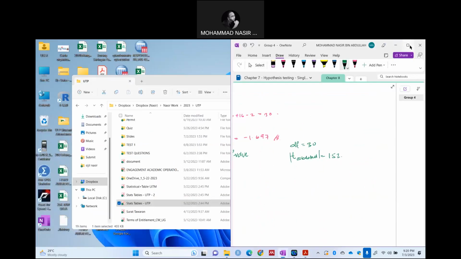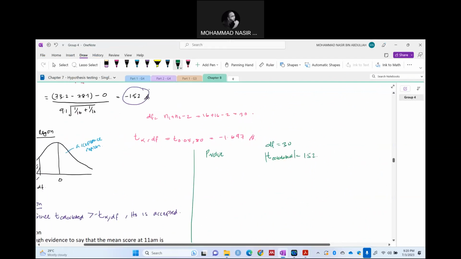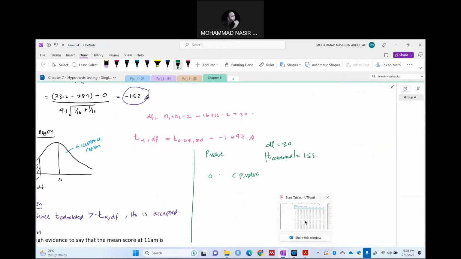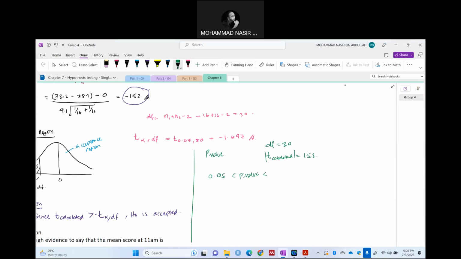So the P value should be between 0.1 and 0.05, right? Meaning that the P value is larger than 0.05. Our alpha is 0.05.